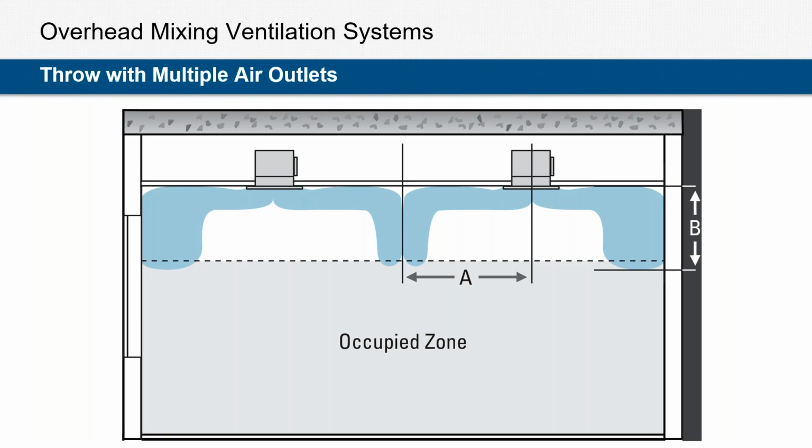This is desirable to get the air into the occupied zone, but like what we saw with that single diffuser example, we want to have that throw at 50 feet per minute as it reaches the occupied zone to avoid drafts.